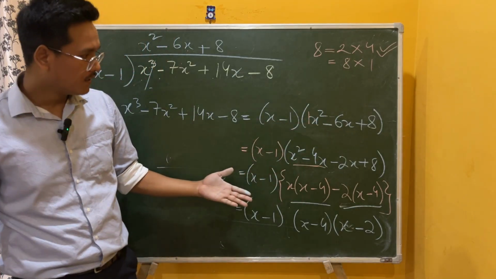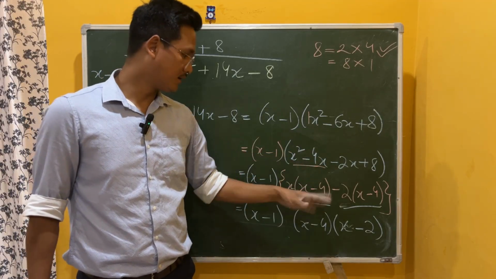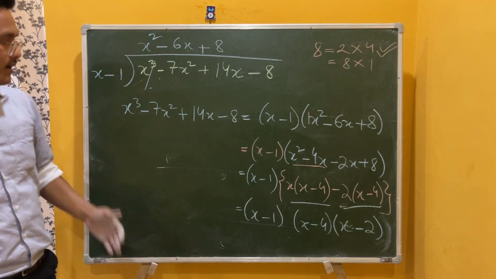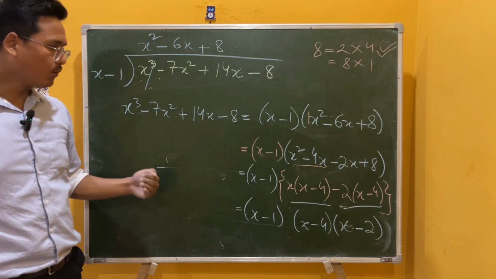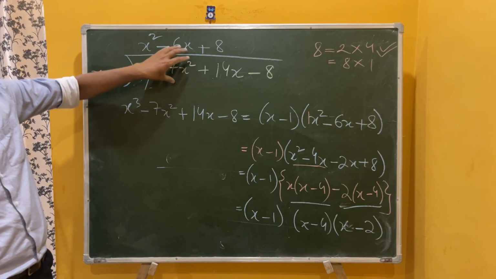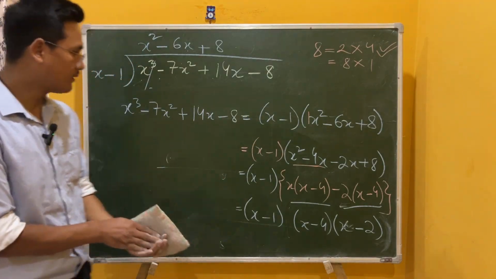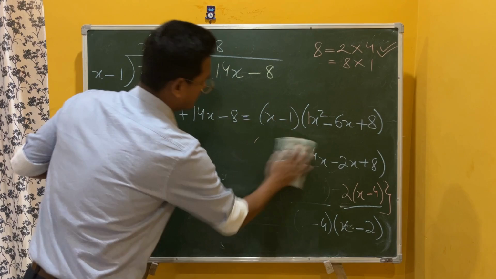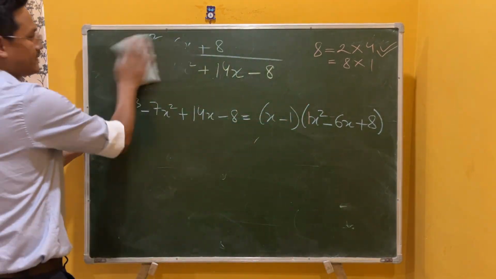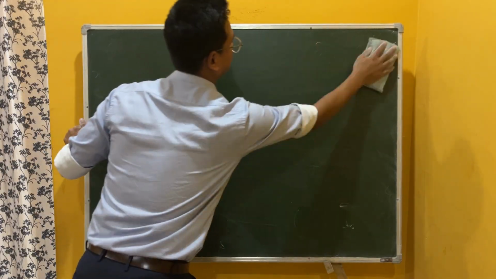And further, we factorized the quadratic polynomial into linear factors by middle term breaking method. So what we'll be doing next is that we won't do this long division method to find the quadratic polynomial. We have another method which is more time saving. So how do we do it? I'll show you how.